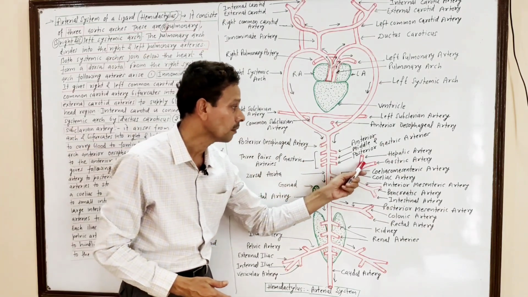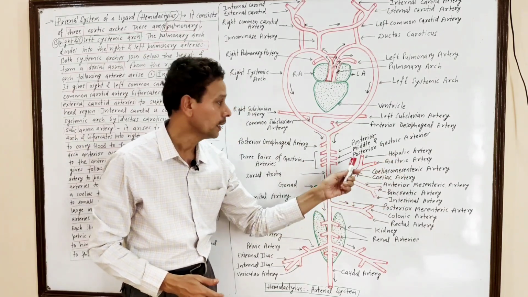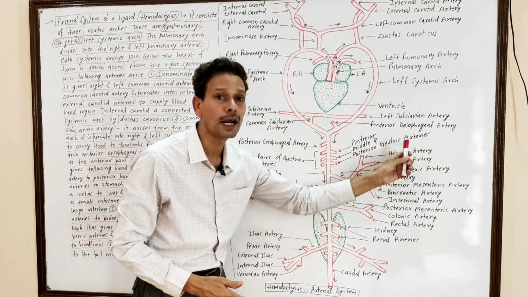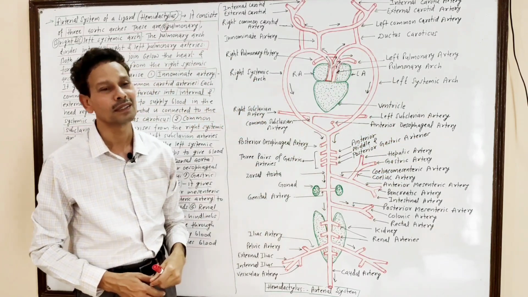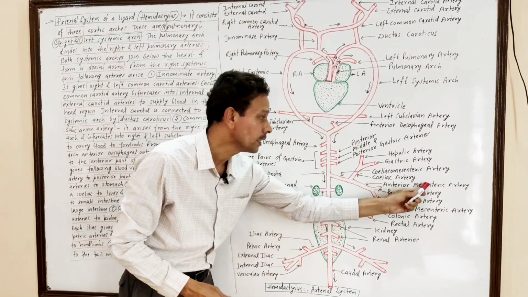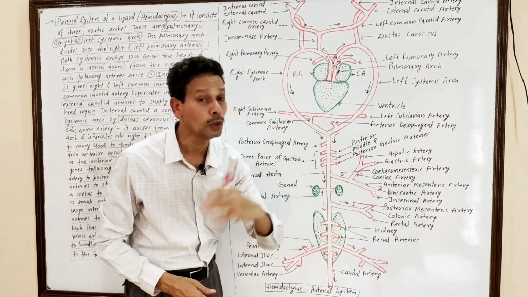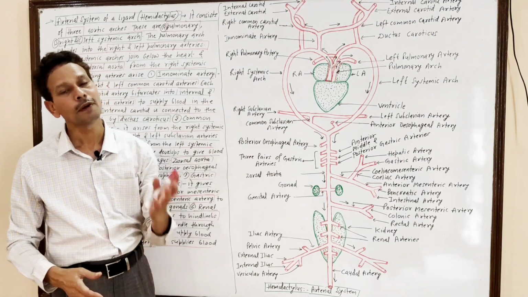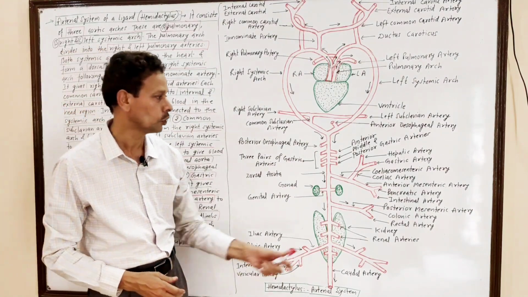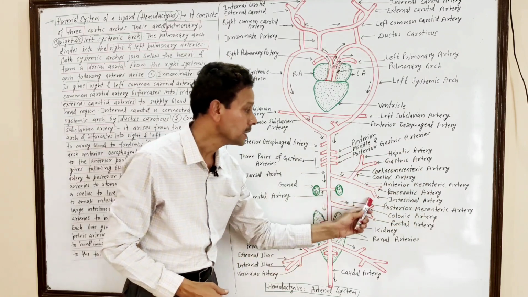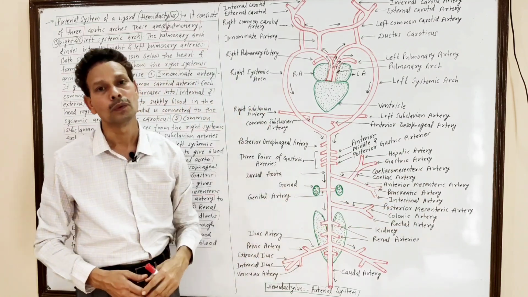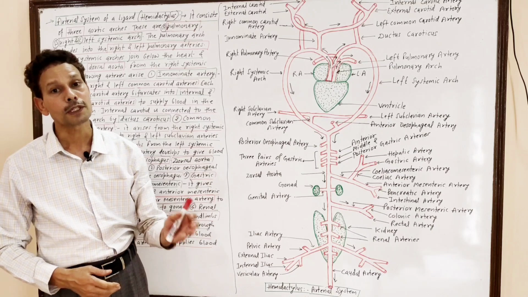This celiac artery divides into hepatic artery to liver and gastric artery to stomach. And this anterior mesenteric artery supplies blood to different parts of small intestine through pancreatic artery to pancreas, and these intestinal arteries to different parts of small intestine.